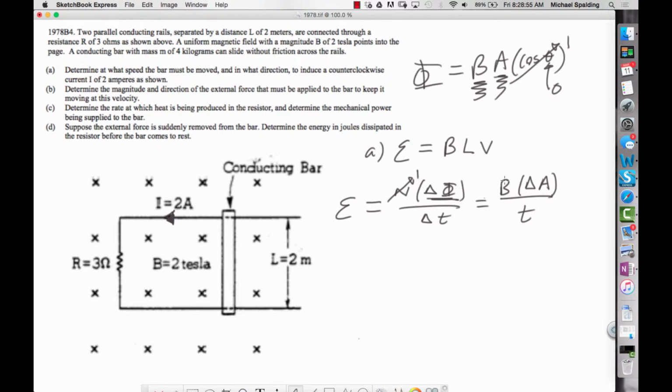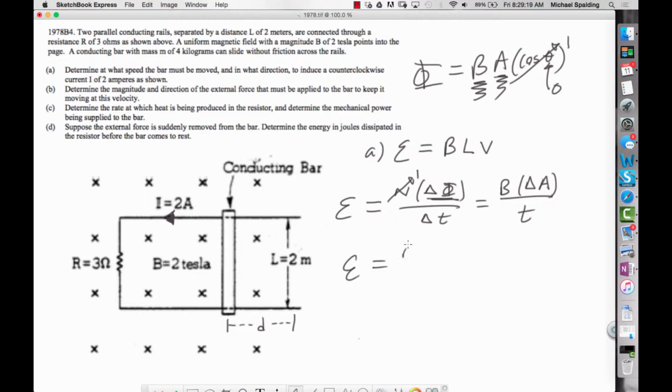Now, next thing. What can we say about the change in area? Well, let's say the bar is moving to the right. Let's say it moves a distance d to the right. What would the change of area be then? If it moves a distance d to the right, the change in area is going to be this region, the change in area, not the final area. So it'd be d times L, right?